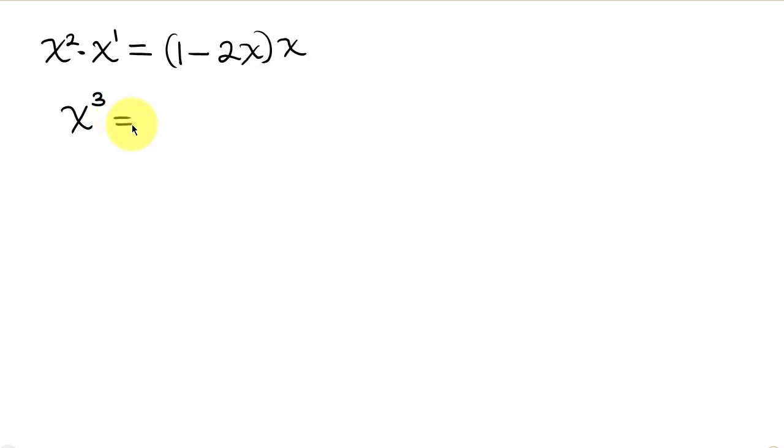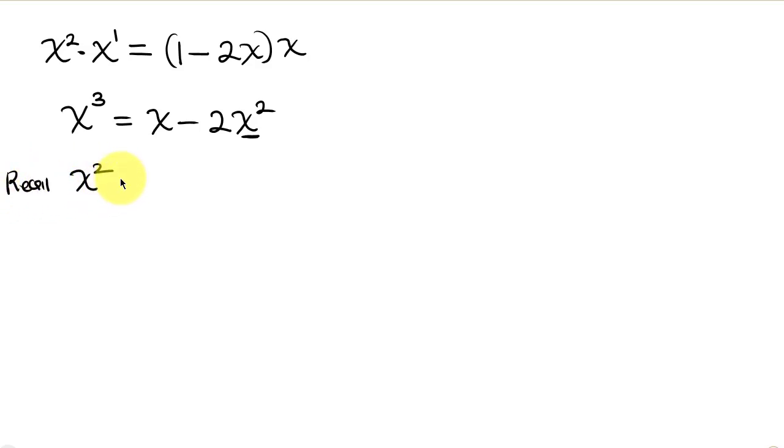This is equal to, so now let's expand. 1 times x is x, minus 2x times x is 2x squared. Very good. Remember, we have x squared here. So we're going to be substituting our recursive x. Do you still remember? Let me write recall.